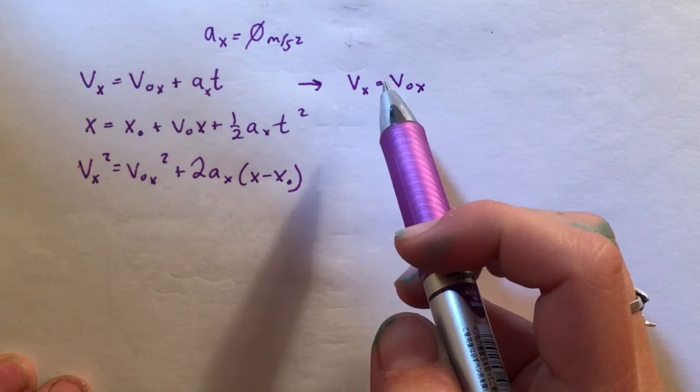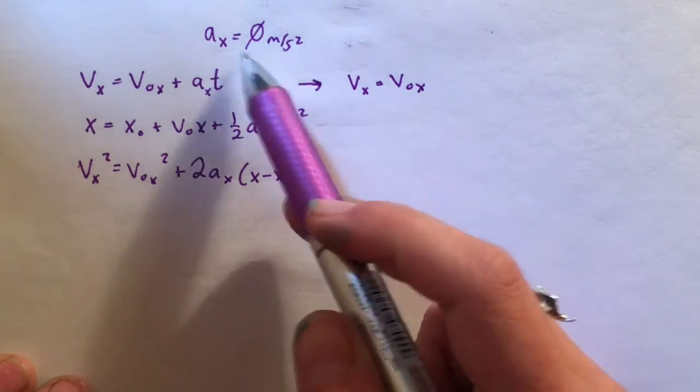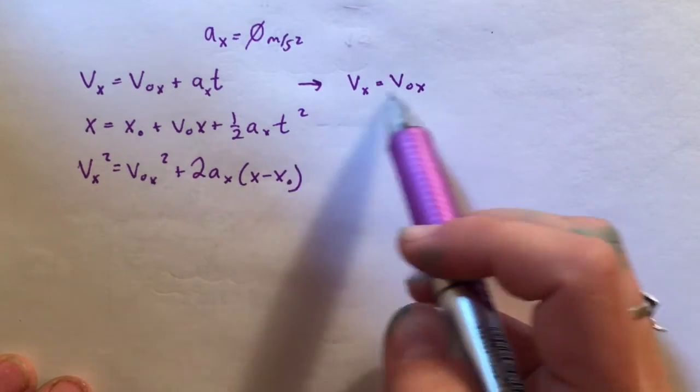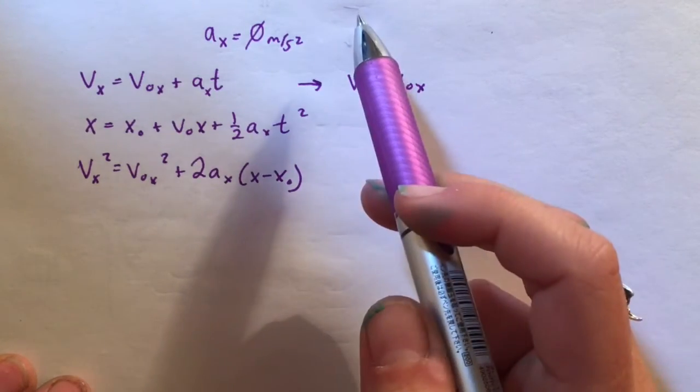No. Because the acceleration is 0, that whole term cancels out and gets rid of all the variables in the equation. This is just saying that the speed doesn't change, which is true because we have 0 acceleration.